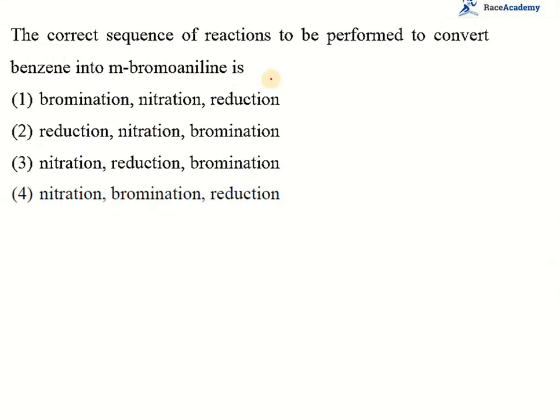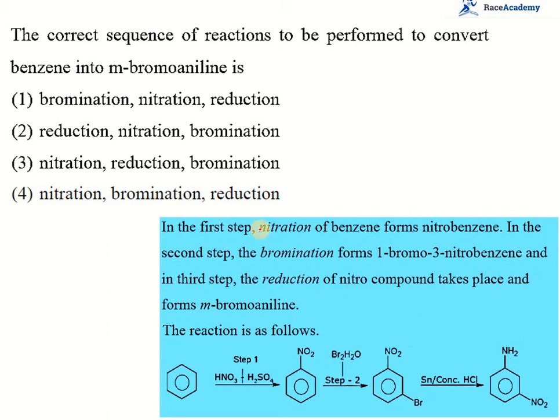Next question. The correct sequence of reactions to be performed to convert benzene into m-bromoaniline is, see, benzene can be converted into nitrobenzene by using the nitration process, and followed by bromination we will get m-bromonitrobenzene. But the nitro group can be converted into an amino group by reduction in the presence of metal and acid.